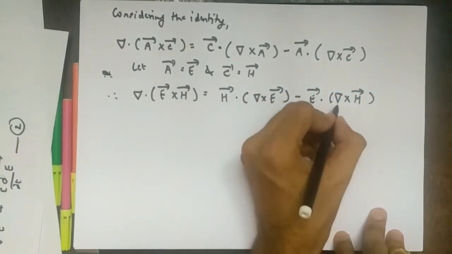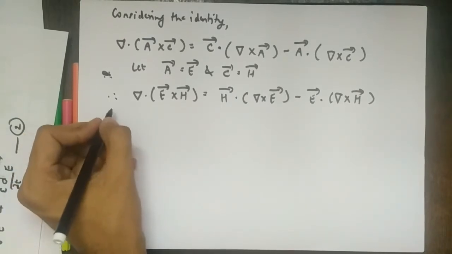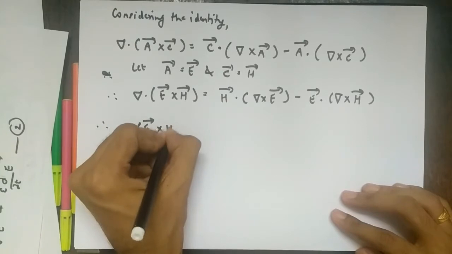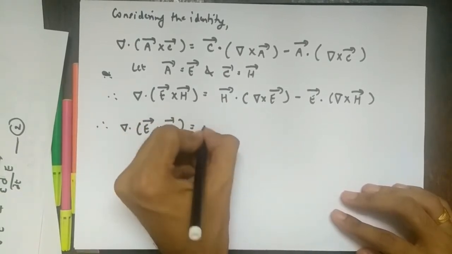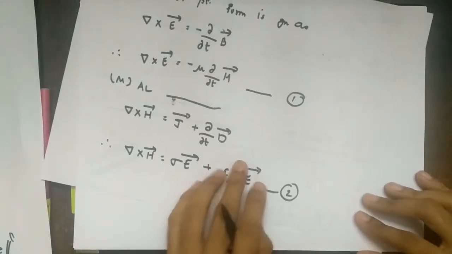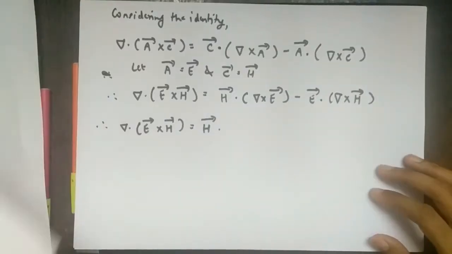So we have these as equation 1 and equation 2, right? Let's substitute that. Therefore del dot E cross H vector equals H vector dot del cross E. What is del cross E? Minus mu ∂/∂t of H vector, right?